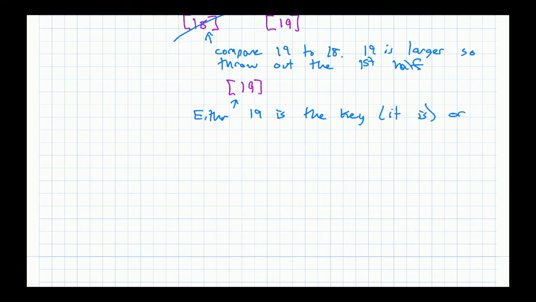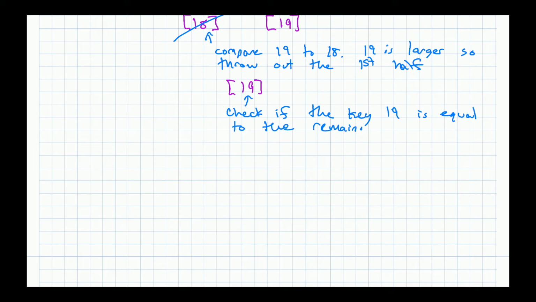Or if you compare the 19 to the 19 and it's not equal, actually, let me rewrite this. If you compare the 19 to the 19 now, so you check if the key, which is 19, is equal to the last number, which is also 19. But it doesn't have to be. So your two choices: if it is equal, so 19 equals 19, then what happened is you found the thing you were looking for.